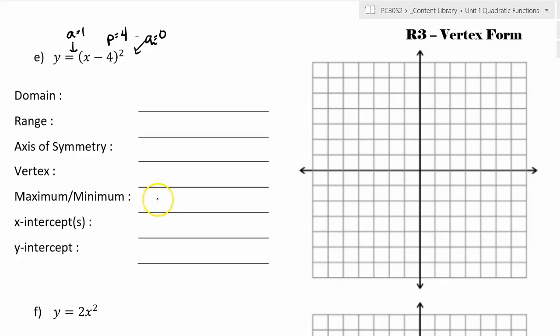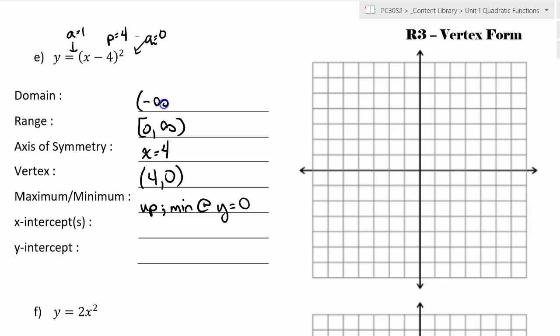From here, I know my vertex is going to be at +4 and 0. So my axis of symmetry is now at +4. A is still positive. This is still opening upwards, okay? So it means that I still have a minimum at y equals, in this case, 0, because it hasn't shifted up. So my range starts at 0 and goes upward.